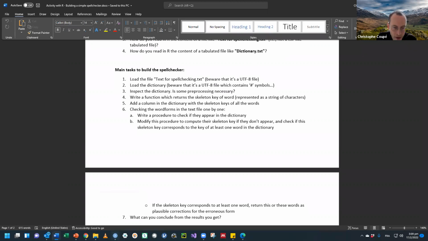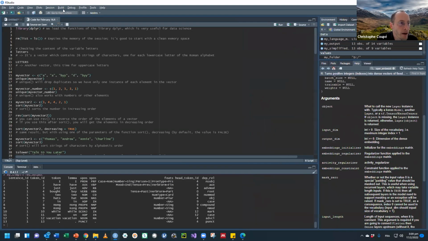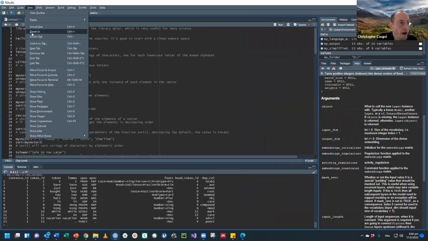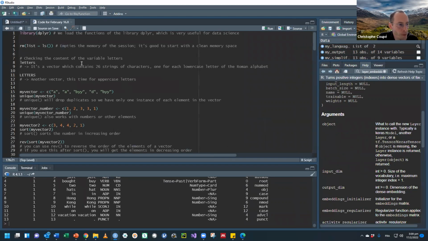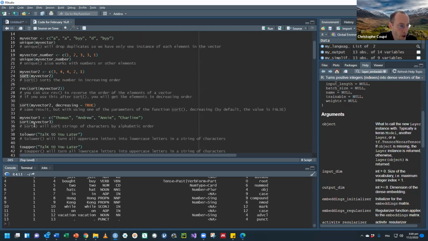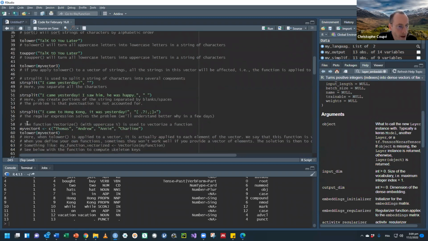If I make this bigger, I zoom in twice. What we did yesterday, we investigated some functions like unique and sort and to lower, to upper, str split, with different ways to cut a string of characters into different components.